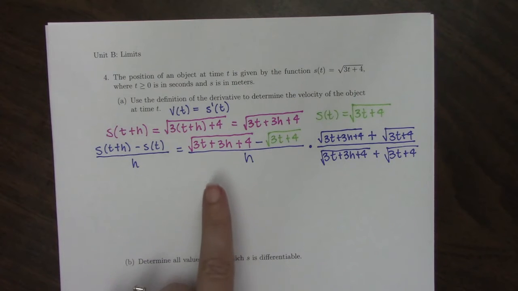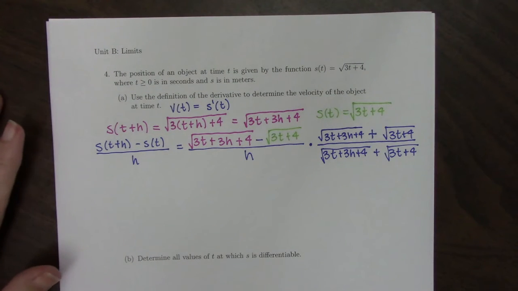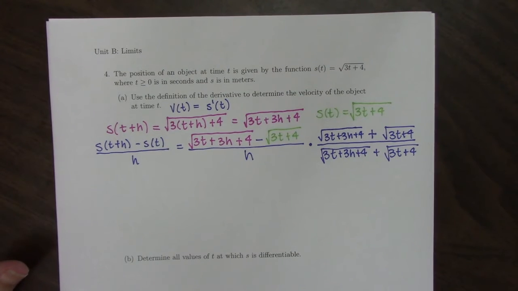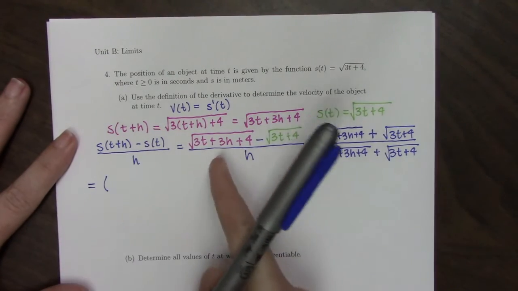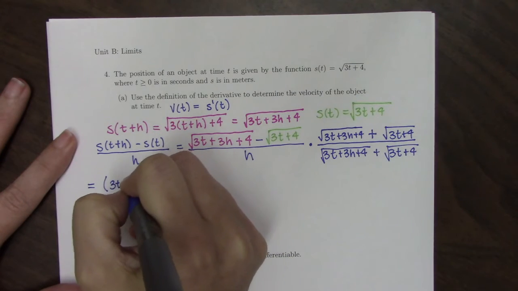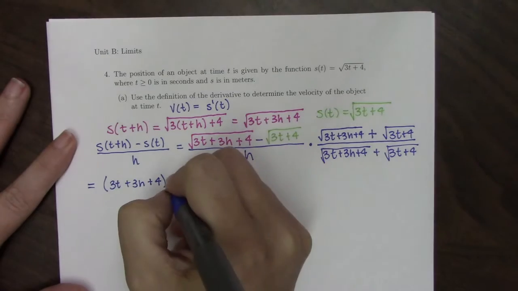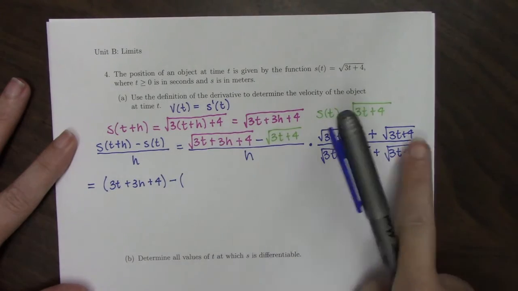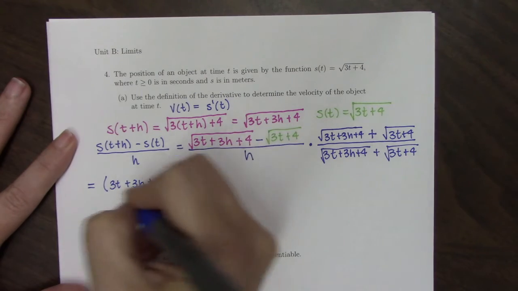And that's going to multiply out to be the first term squared minus the second term squared. And that comes in real handy with radicals because it's sort of a way of squaring both radicals at the same time. So the first term, when I multiply these 2 terms together, I get 3t plus 3h plus 4, but now my radical's gone, minus this term times this term, which is just 3t plus 4.